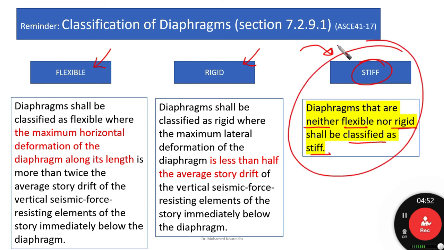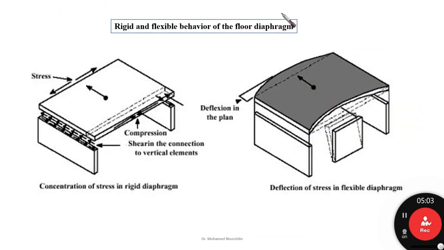Okay, so that's the issue related to the classification of diaphragms under this section, which is section 7.2.9.1.